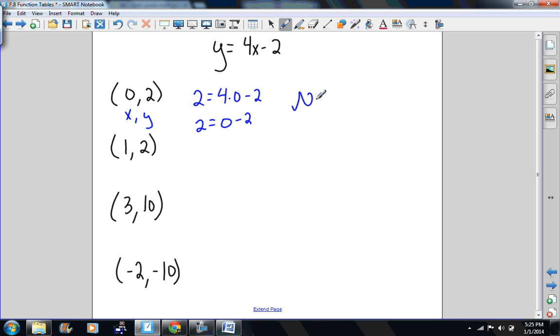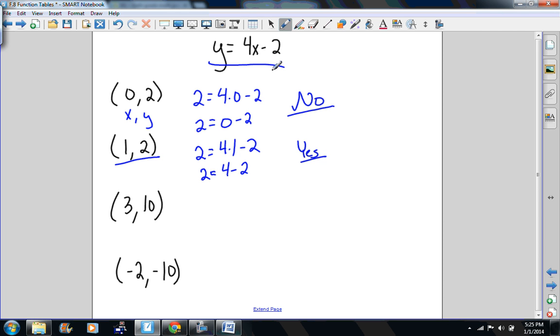So this is a no. This is not on the line. So we could do 2 equals 4 times 1 minus 2. So that's 2 equals 4 minus 2. And this one is a true statement. So this ordered pair is on that line.